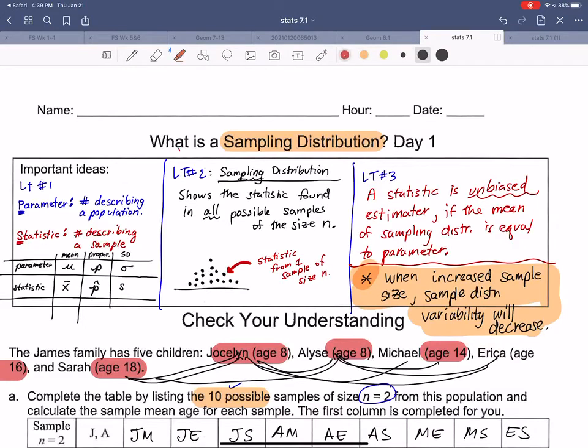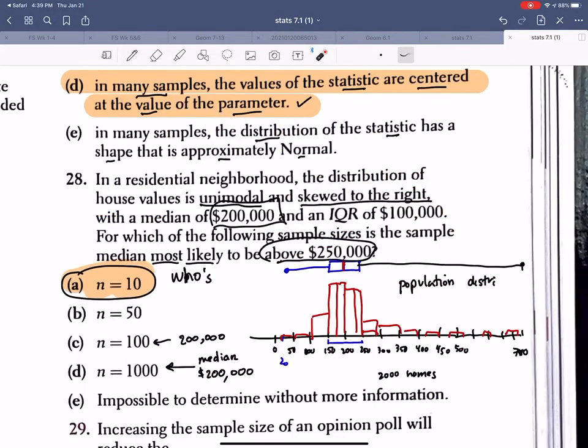When I increase the sample size, the sample distribution variability will decrease. So what that tells me is these are going to be pretty close to that same number, 200, with very little variability. Since this one varies greatly, the lowest number is the most likely to be that far away, as far as the mean.